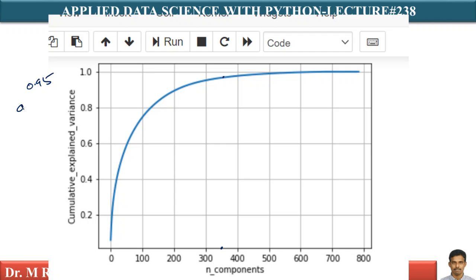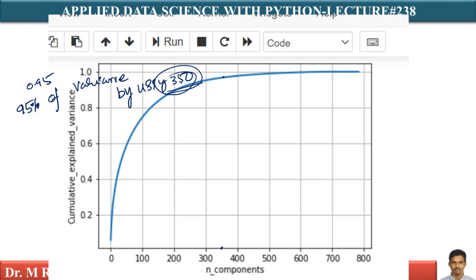What does it mean? 95% of the information, or 95% of the variance, can be retained, or explained, by using how many dimensions? 350 dimensions, isn't it?